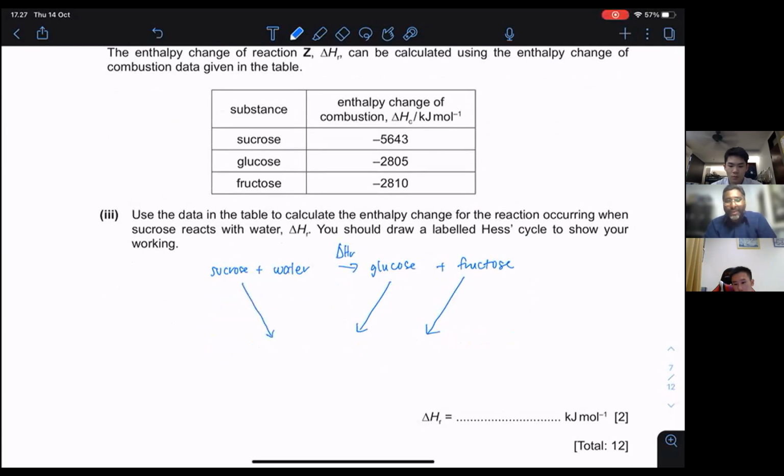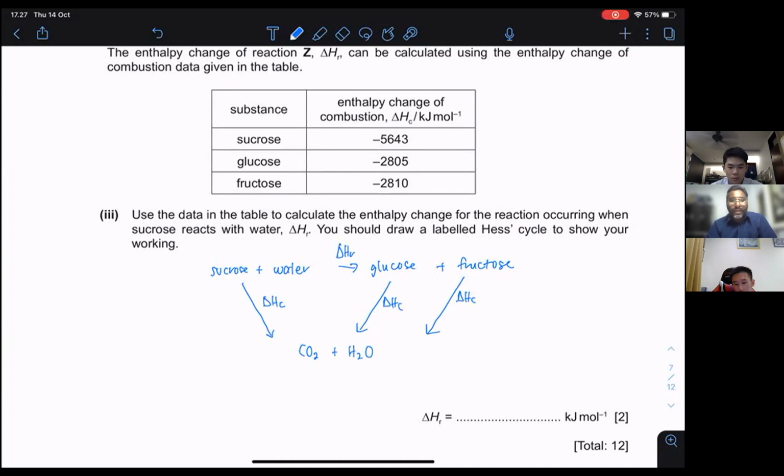So roughly, you can have a relationship where the common thing is carbon dioxide and water. So here it's going to be delta combustion, and so on. This is the rough plan, so we can use this to calculate.